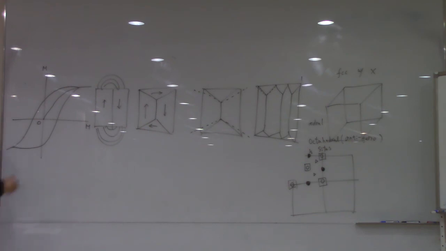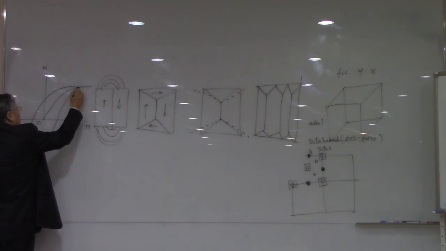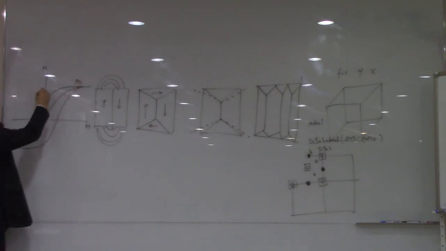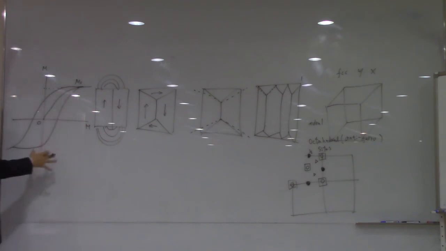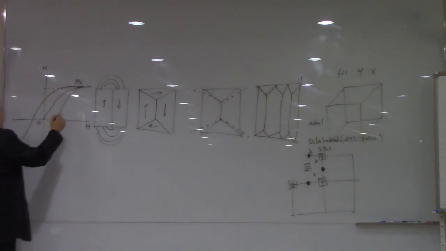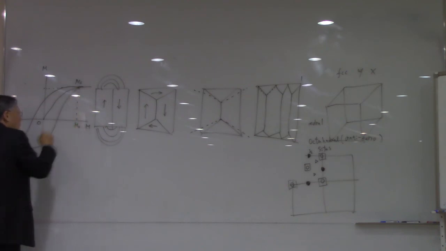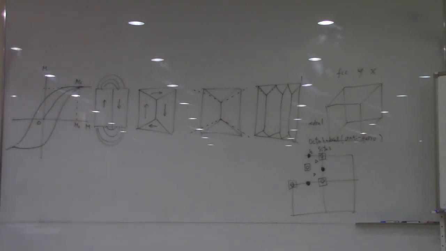All right? And this is the saturation magnetic moment of these ferromagnetic materials. This material cannot have more than this magnetization. And this is called the saturation magnetic field, the magnetic field necessary to saturate that ferromagnetic material.